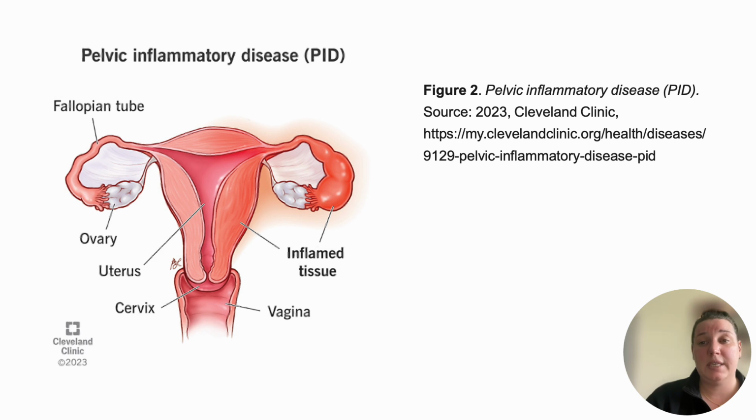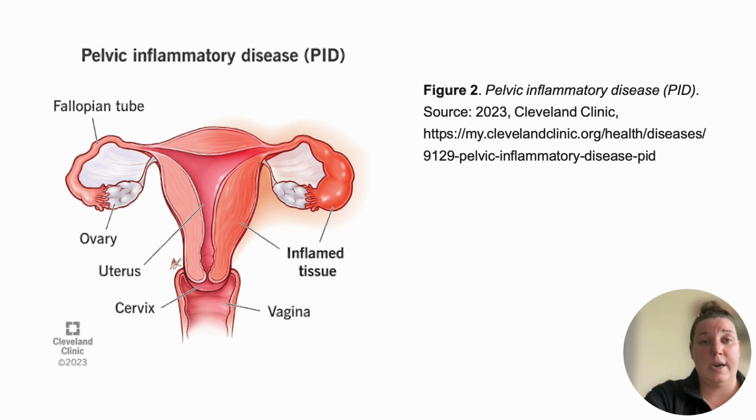And the epididymis is a coiled tube in the back of the testicles, which stores and carries sperm. So if left untreated, this could also lead to infertility as well.